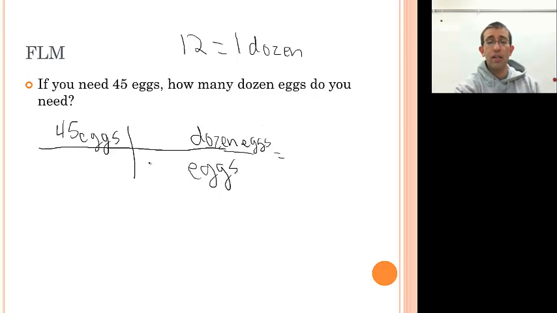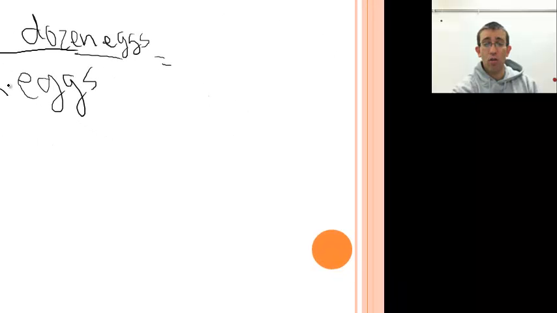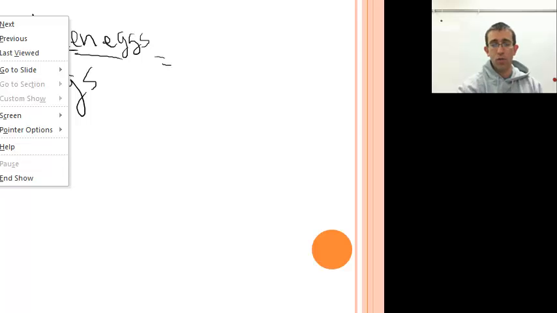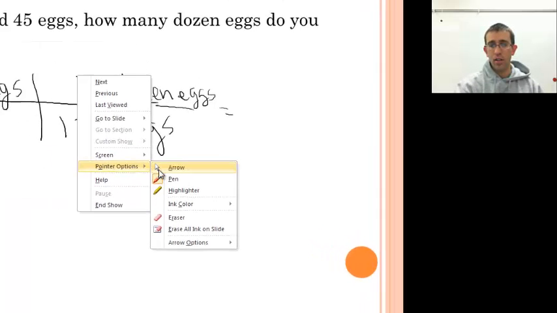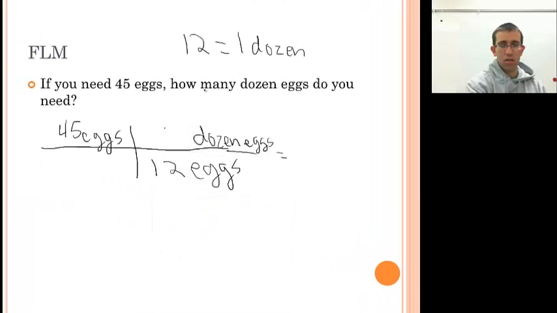So, that means when you buy a dozen eggs, 12 eggs come in a thing that's for 1 dozen. So, our conversion factor here is 12 eggs equals 1 dozen. These are equal to each other. If you get 12 eggs, you get 1 dozen.